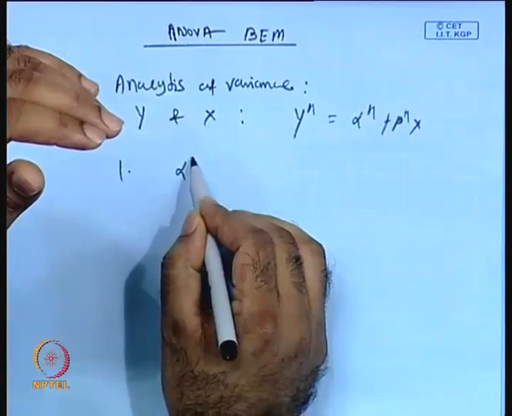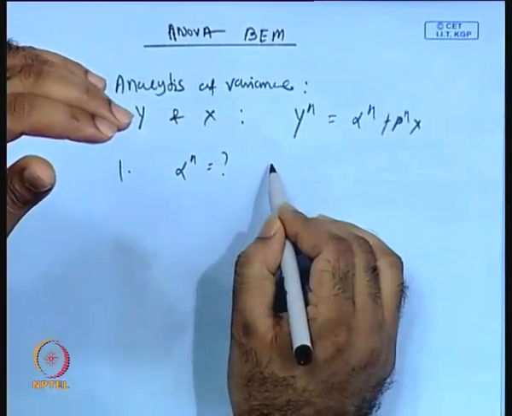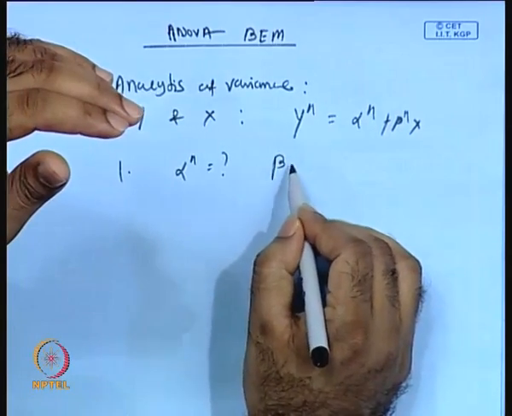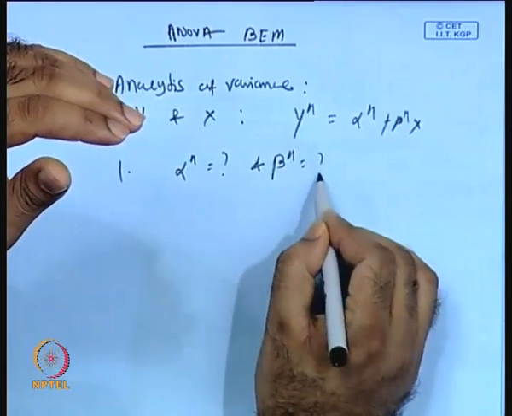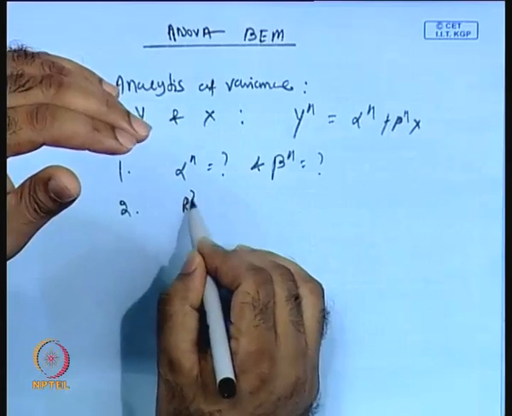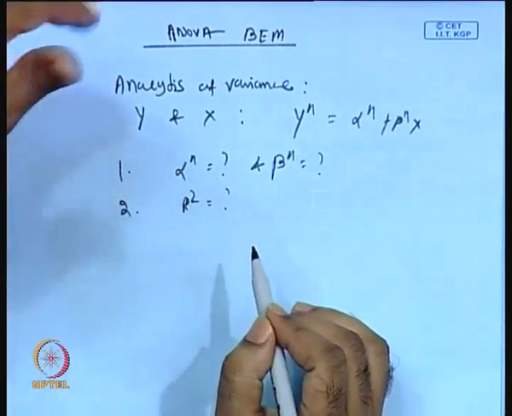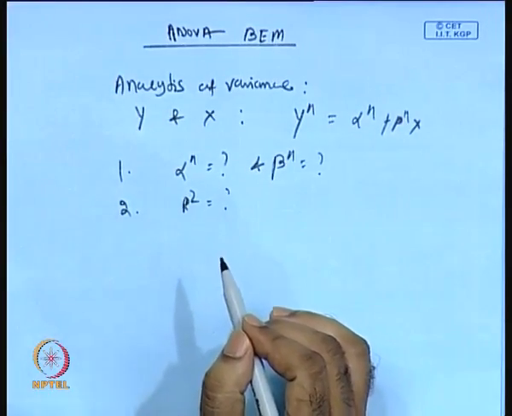So we have two specific objectives: the significance of the parameters, that is whether alpha hat and beta hat are significant or not, and the overall fitness of the model with respect to R square, which represents the degree of model fit.